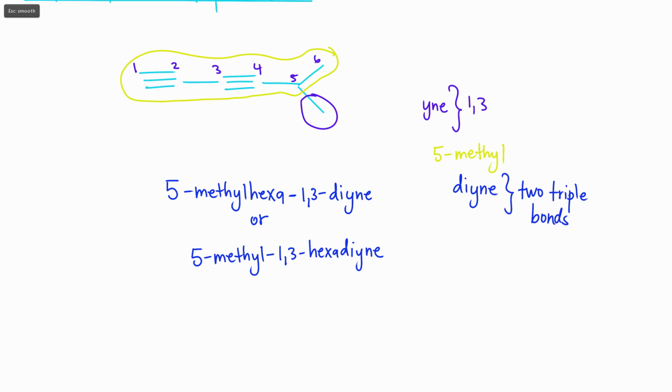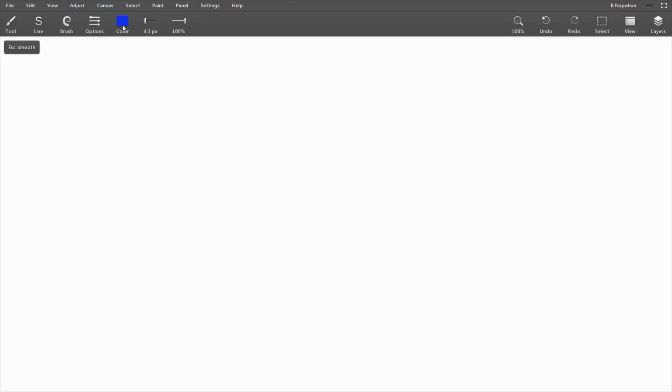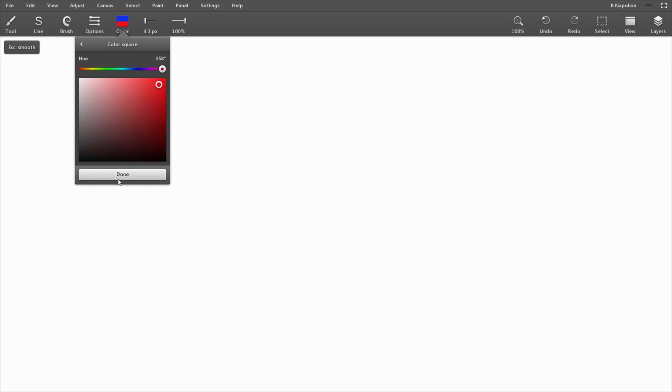Now, I was going to work this one in the video, but I think this is a good problem for you. Name this structure, and notice that is a double bond, not a triple bond there.